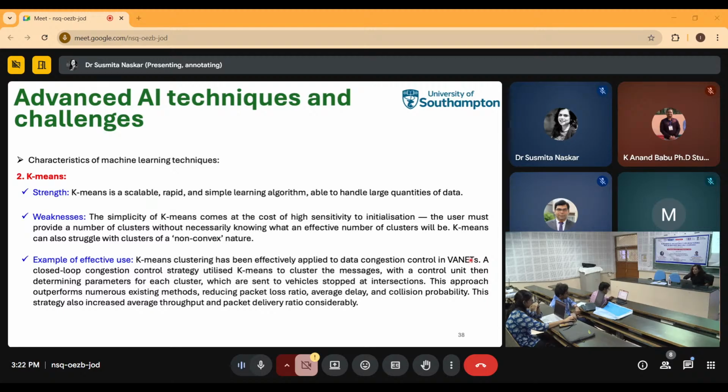When applied thoughtfully, especially in the VANET configuration, k-means can deliver very substantial performance improvements and enable innovative solutions for complex problems, especially when you have big data, okay?